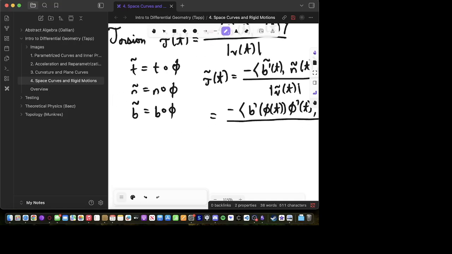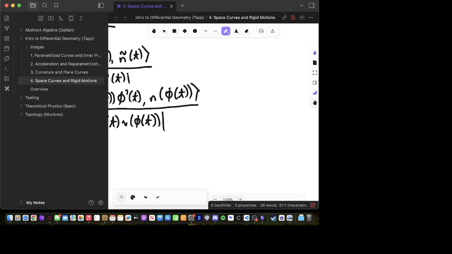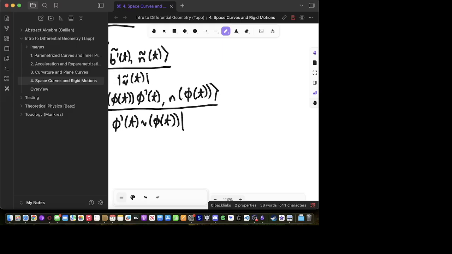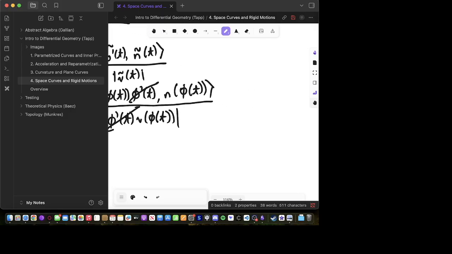We've seen before that velocity transforms like so. And this allows us to cancel out these phi prime.